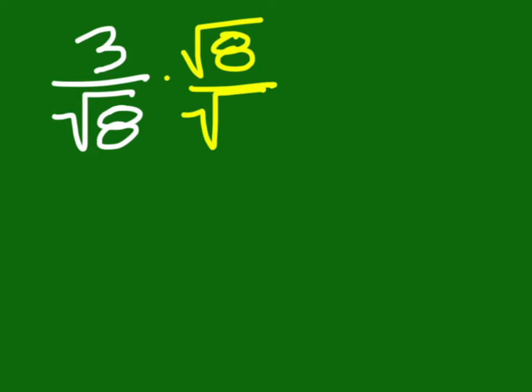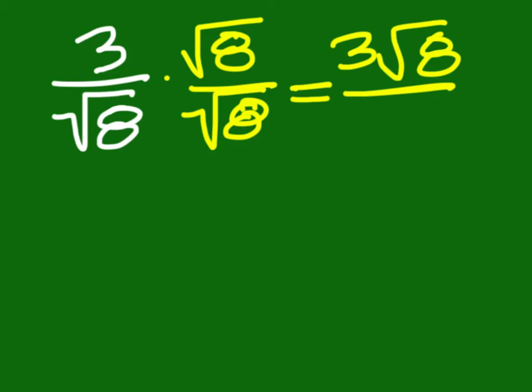Here's the same problem, except we're going to multiply the top and the bottom by the square root of 8. And when you do that, you get 3 square root of 8 over 8. But the square root of 8 has to be simplified. So the square root of 8 is 2 square root of 2.